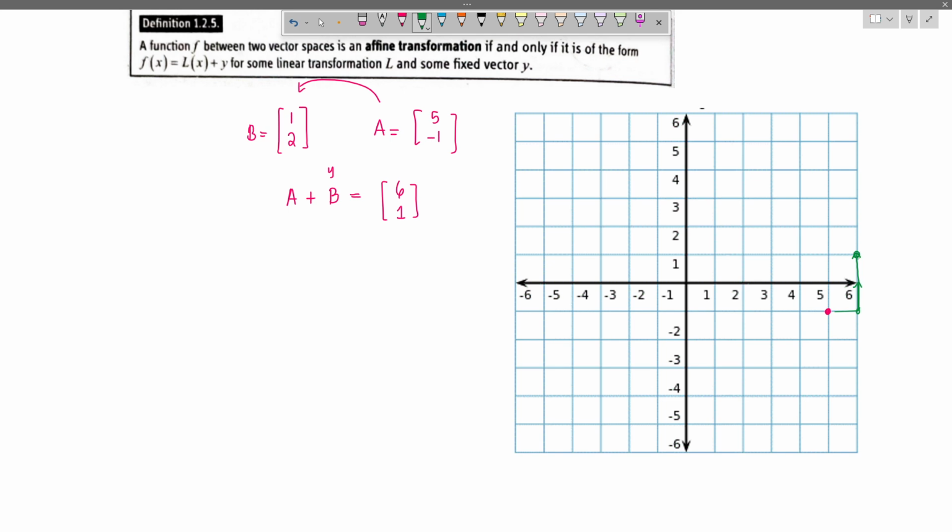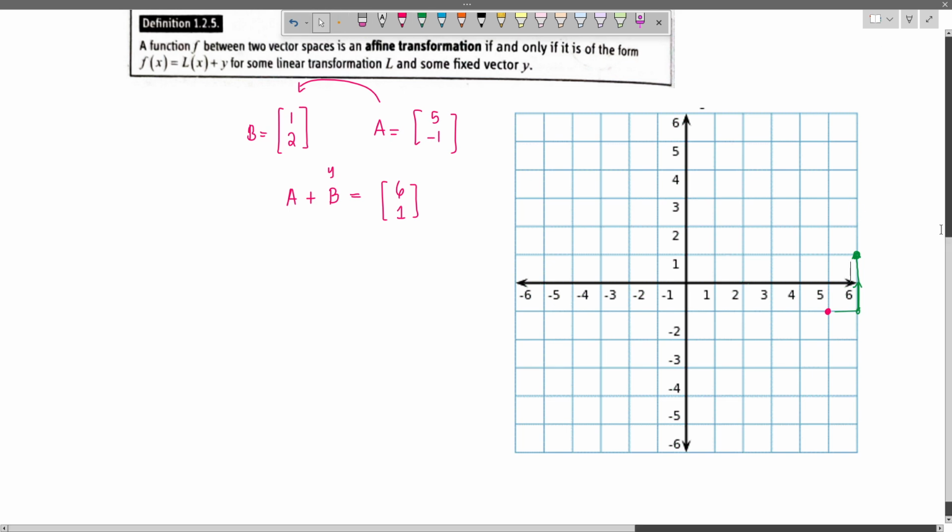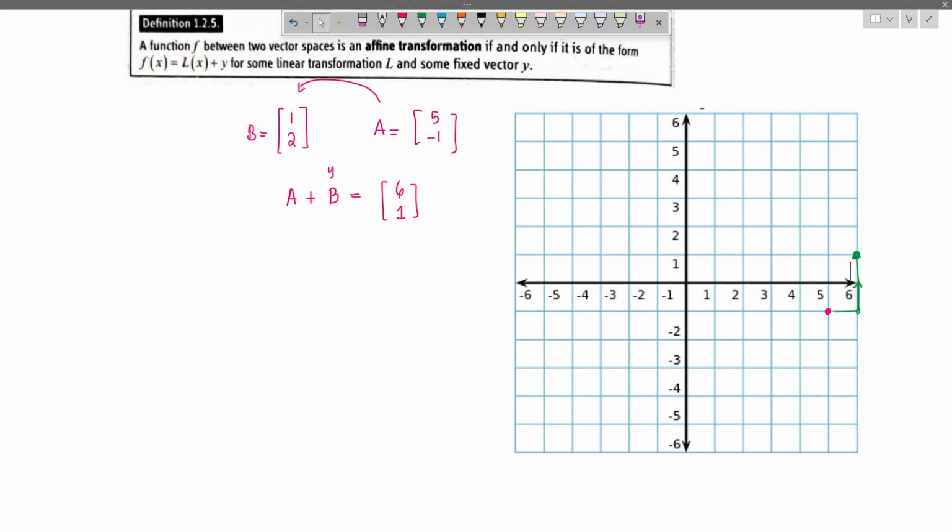So this is the location of our new point. If that property is also applicable to a transformation, then we can call it an affine transformation. That's why all linear transformations are affine transformations, because this property is also required for something to be called a linear transformation.